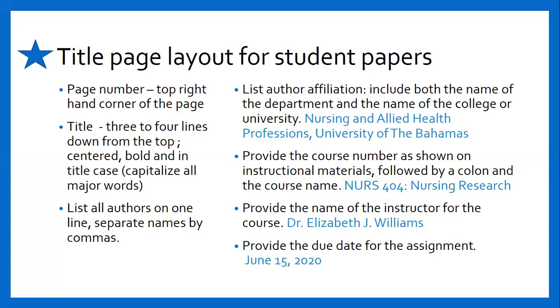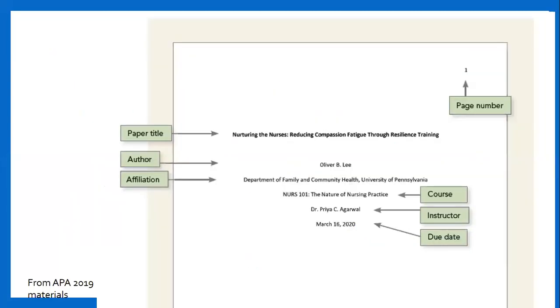You list each author one by one on one line, separated by commas. Then you include the name of the department and the college or university. So you put Nursing and Allied Health Professions, University of Bahamas. You provide the course number followed by a colon and the course name, and give the name of the instructor and give the due date for the paper. So here's an example. Very simple, very spare, no pictures.